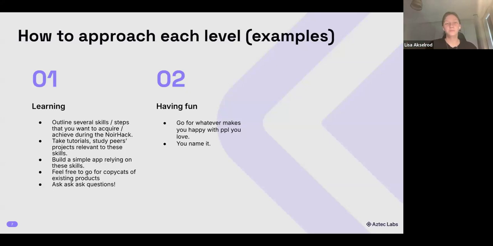Another option is having fun. It can also be part of learning. It can be part of a pet project. I just outlined it here because I think that it can be a self-sufficient category. What I mean by having fun is that you can build something that doesn't make sense as a project, but it's fun for you. For example, you might build a marketplace for shoes for fish.